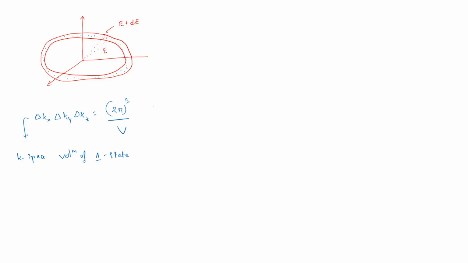Now what we want to find is the volume between these two. So we have to use this information now. This is the equation of an ellipsoid, with axes kx, ky, and kz: kx by a whole square plus ky by b whole square plus kz by c whole square is equal to 1.